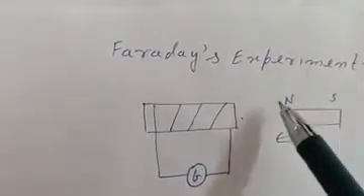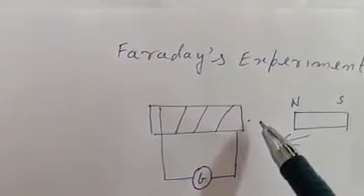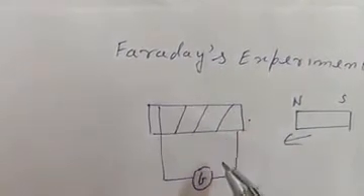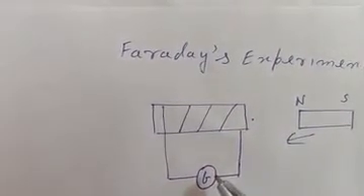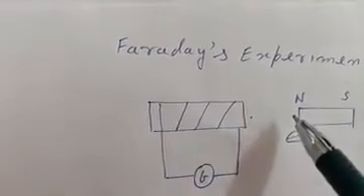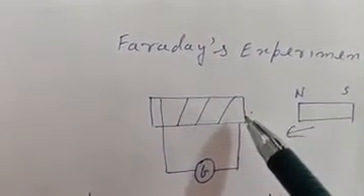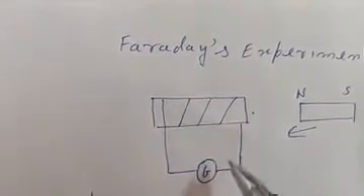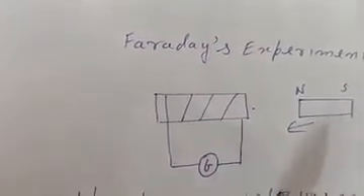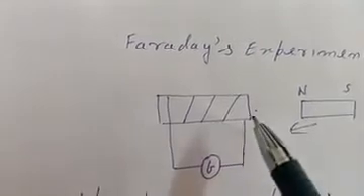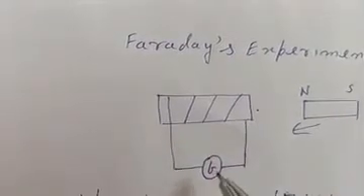When this bar magnet was brought toward this coil with greater speed, deflection was more. It means current was more. It was brought with higher speed, so rate of change of flux was more, so current was more. And when it was moved slowly, then rate of change of magnetic flux was less, so current was less.